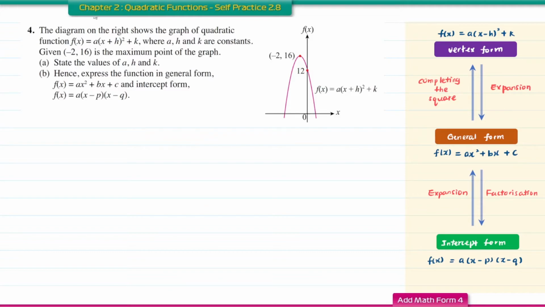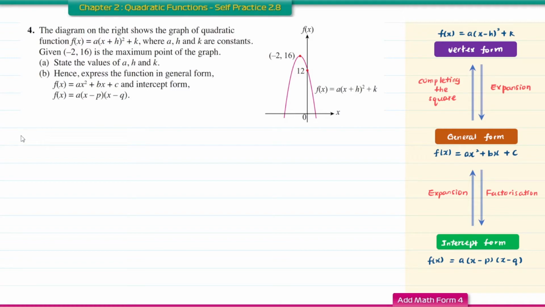Question number 4. The diagram on the right shows the graph of the quadratic function f of x, where a, h, and k are constants. Given negative 2, 16 is the maximum point of the graph, state the value of a, h, and k. The information inside the bracket here is going to tell you the x coordinate, and k is going to tell you the y coordinate. As the x coordinate is negative 2, the bracket here will be x plus 2.